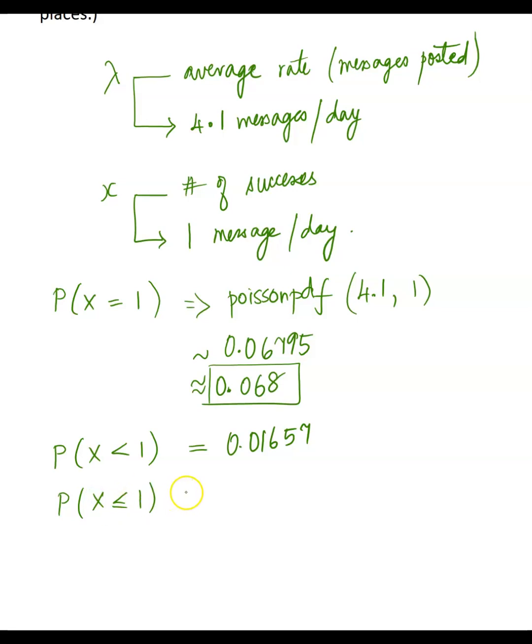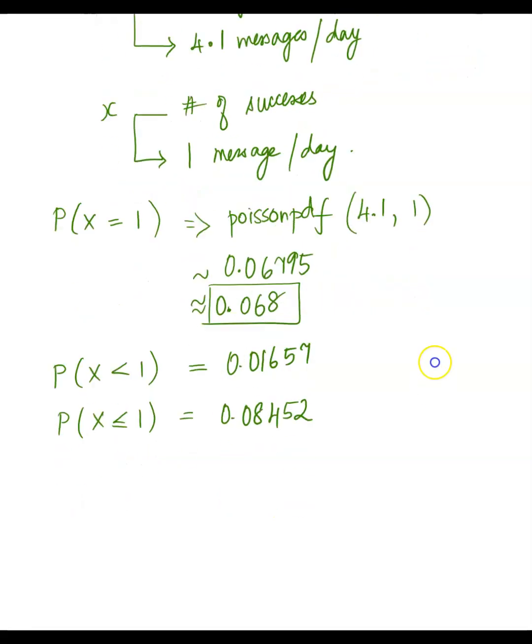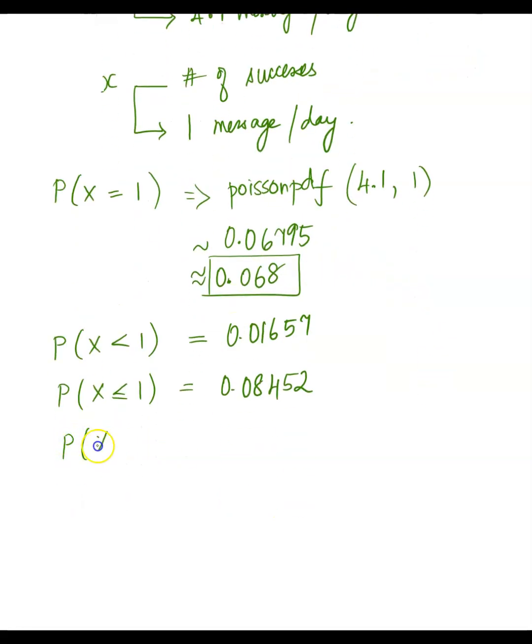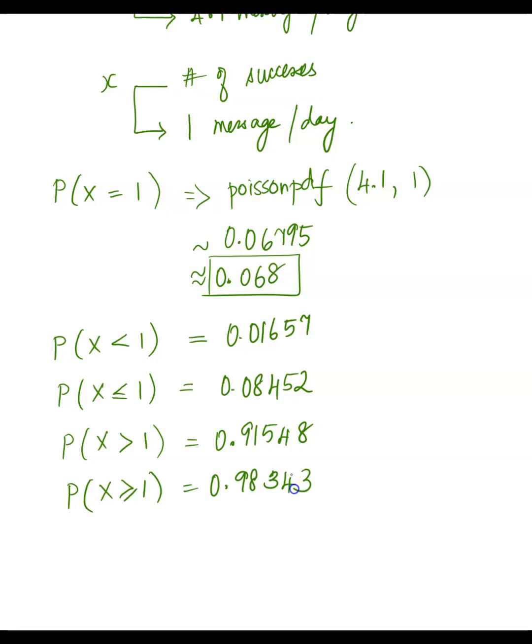Less than or equal to 1, 0.08452. Greater than 1, 0.98343. I hope you'll enjoy these exercises and hopefully be able to figure out all the correct operations for these.